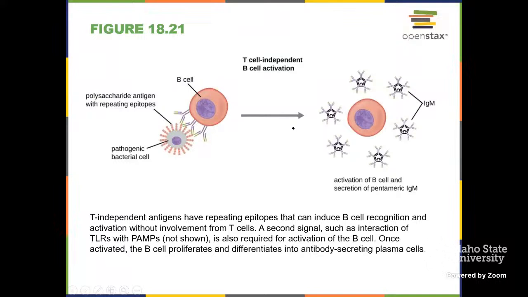So a T lymphocyte has been shown by a macrophage these specific pieces of that bacterium, and in turn, numerous T cells shown all of these different pieces have told various B cells what's up. And now their B cell receptors are stimulated to go out and seek that stuff out, right? And once they do, they can start secreting these immunoglobulins.